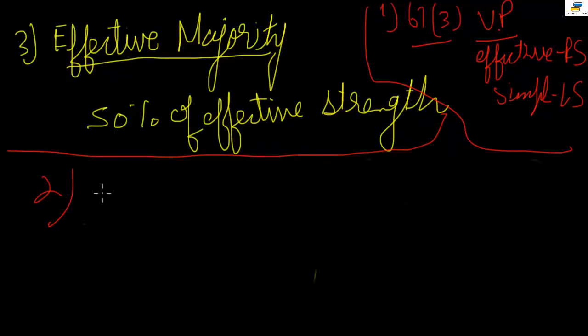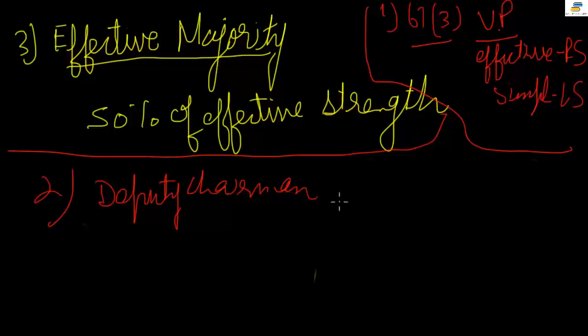In the removal of the deputy chairman, of course the deputy chairman is from Rajya Sabha only, and the chairman we have already talked about, even in his case, and also the chairman and the deputy chairman of the legislative council, right?